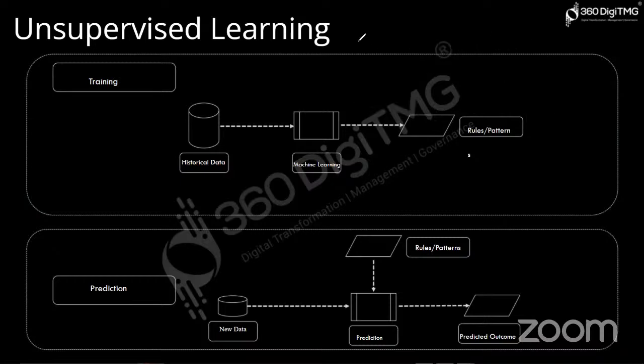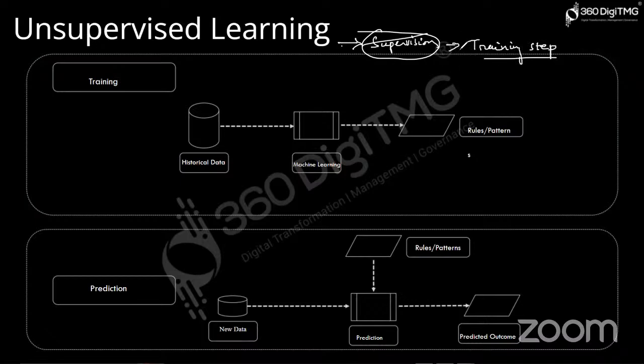Unsupervised learning is called so because it doesn't have any supervision. Supervision here is the training step, and there is no training step involved, hence the name unsupervised learning.